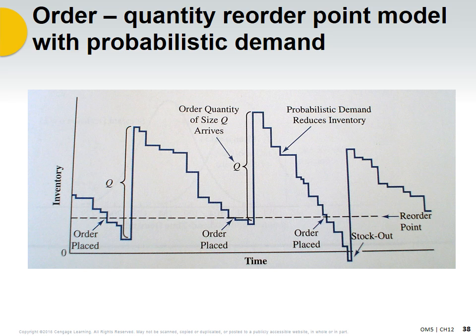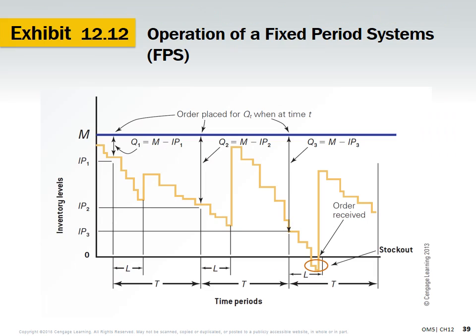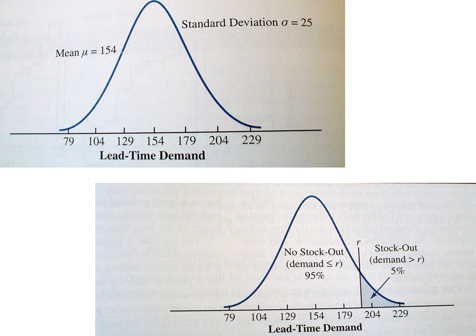We call that safety stock. We can calculate it using some methods so that we don't find ourselves in a stock out situation except for a certain percentage of the time. And actually we can use normal distributions to help us figure out how much safety stock we should have. That's a bit beyond the scope of the class, but I wanted to show that that's something you might be looking to do.